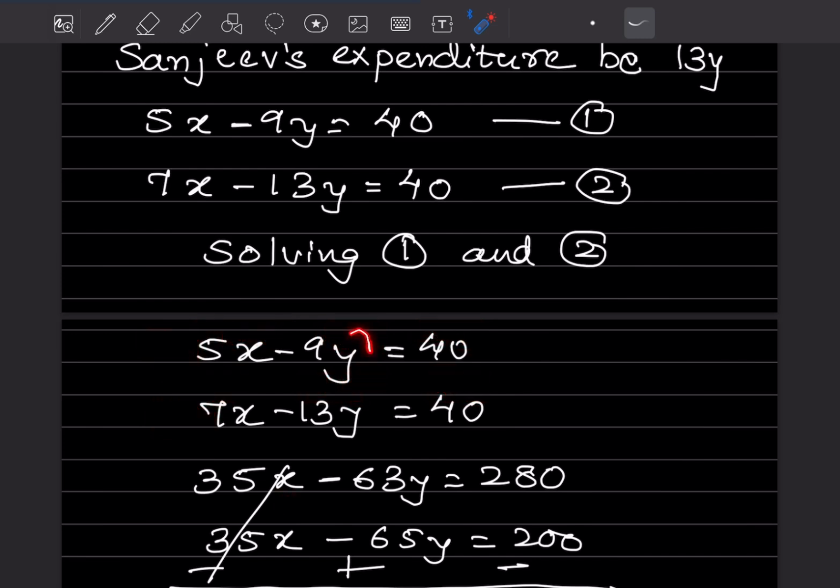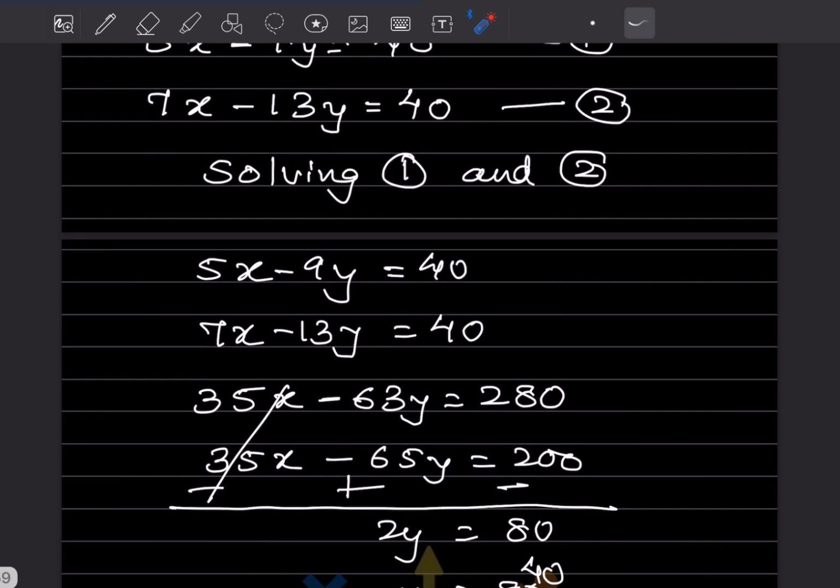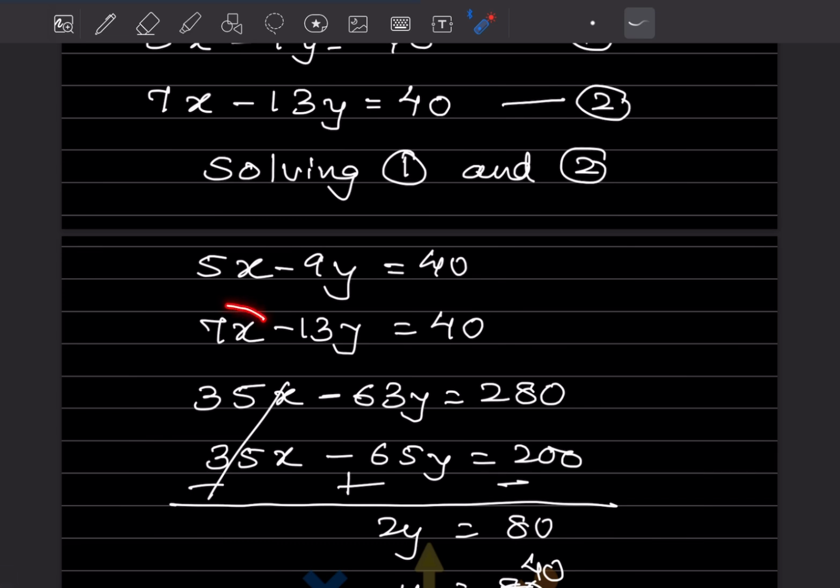So what will be here? 35x minus 63y is going to be, when you multiply this by 7, that is going to be 280. Now here 35 we are multiplying by 5, so 35x minus 65y is going to be 200. So now you can see both places you get 35x. So now what you can do, this was plus actually, so we have to change the sign, new sign will be minus, minus becomes plus, here is plus, so this becomes minus.